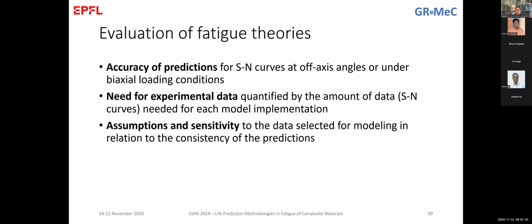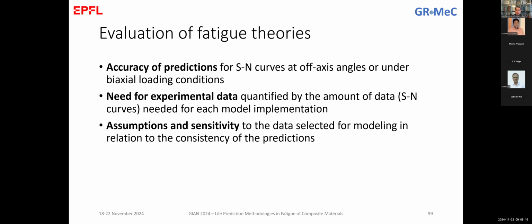The third approach that we can have is to investigate how many assumptions the criteria are introducing, or if they are simply empirical equations that are fitted to experimental data. In this case, from the criteria that we've seen, Hassin and Rotem introduced the assumption that the material fails either under fiber failure or under matrix failure, and they do not consider mixed conditions of failure, which is the case, as we've seen, in a lot of material systems that we are testing.